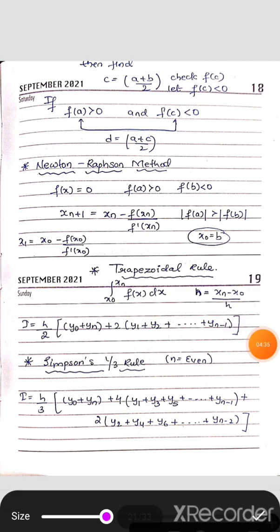Next, coming to the Newton-Raphson method. Here the function f of x is equal to 0, with the condition f of a greater than 0 and f of b less than 0.